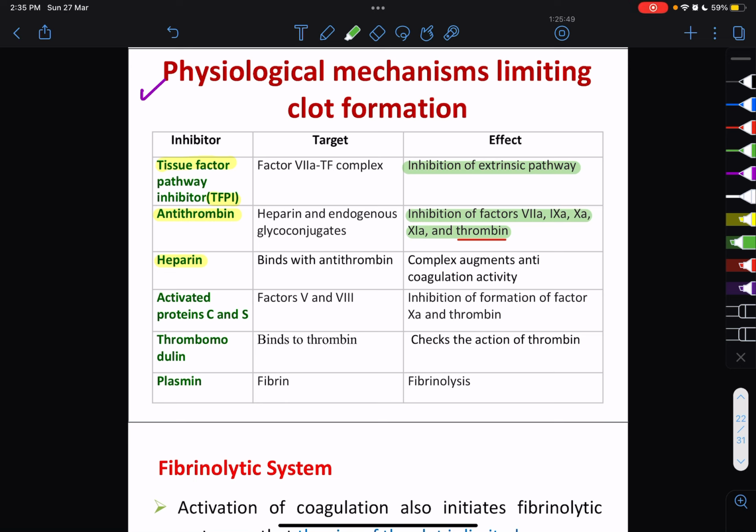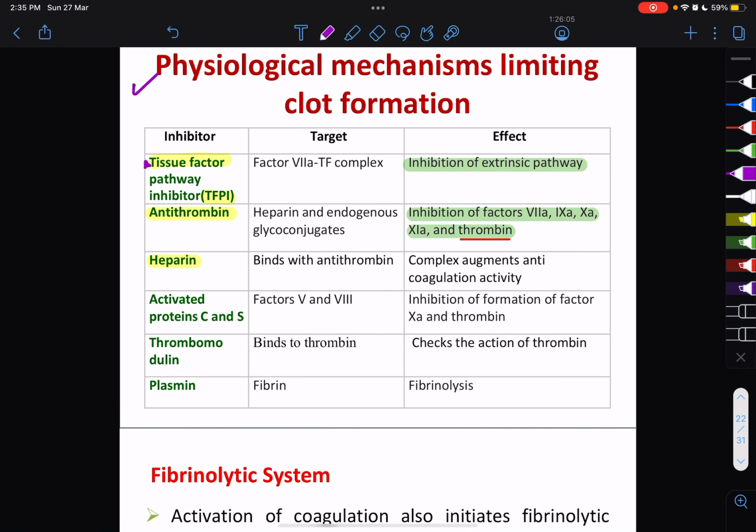Look at that. There is an inhibitor which is called tissue factor pathway inhibitor. Okay? You know, tissue factor is activated. You have to control that also. The target of the tissue factor is that it will bind with factor number 7, and the tissue factor complex, remember that complex is formed in the extrinsic pathway, will convert factor 10 to factor 10A.